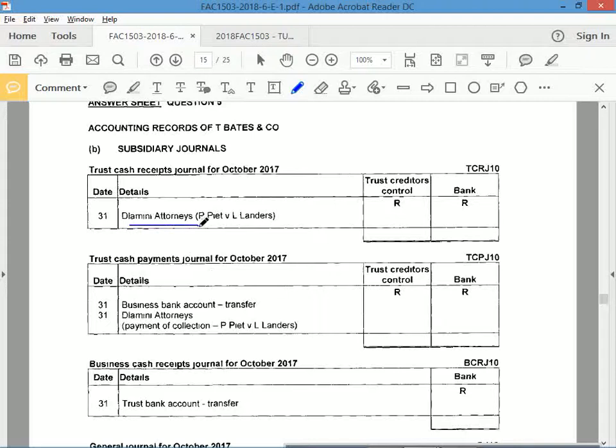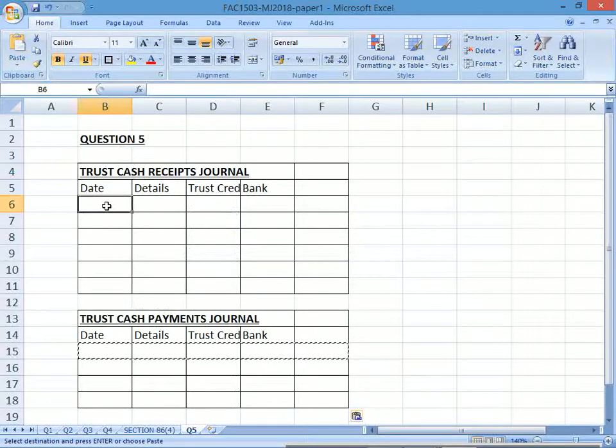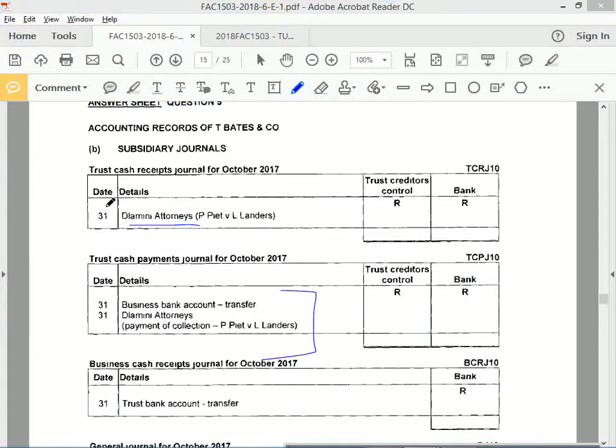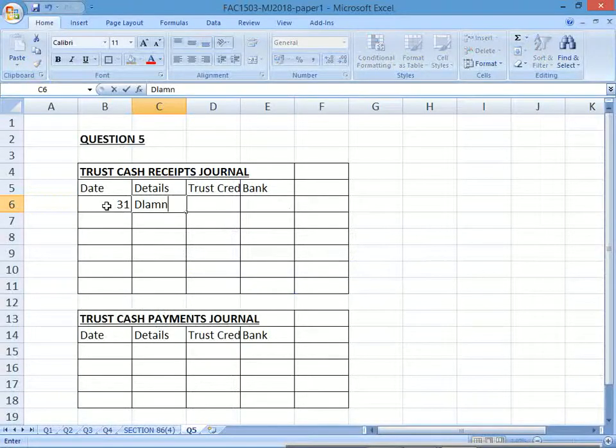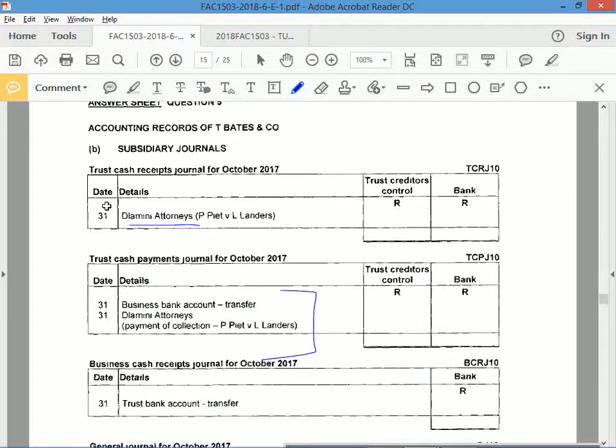Wow, they've even given you this. So 31st, Glamini Attorneys.